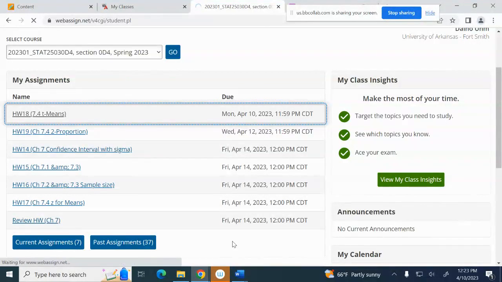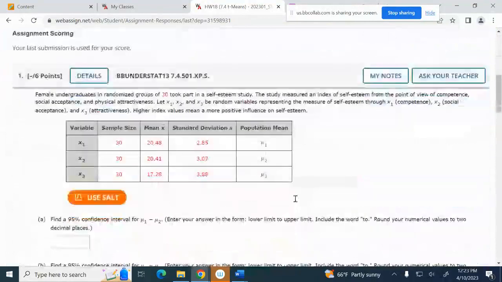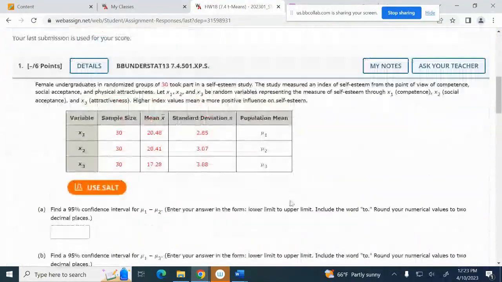For tonight, it has only 2 problems. Let me look at number 1, because number 1 and number 2 are exactly the same. I will try number 2. In number 1 there are 3 groups, 1, 2, 3, right? But please look at part A. Find the 95% confidence interval for the difference between 1 and 2.